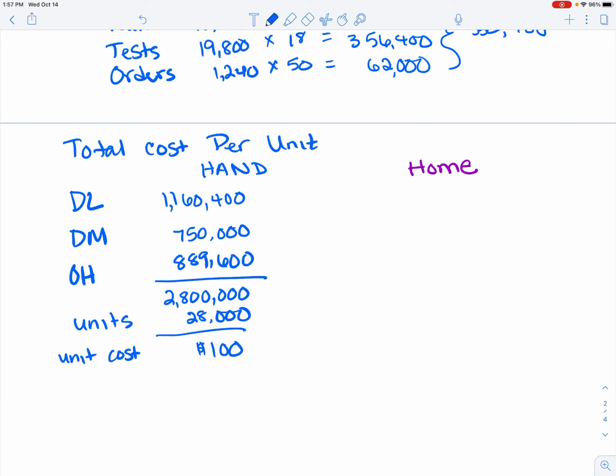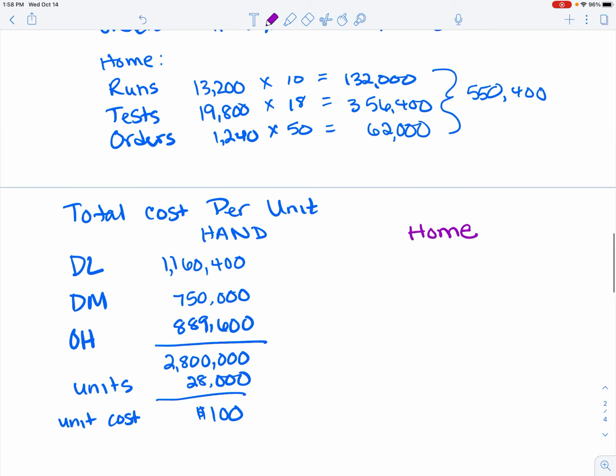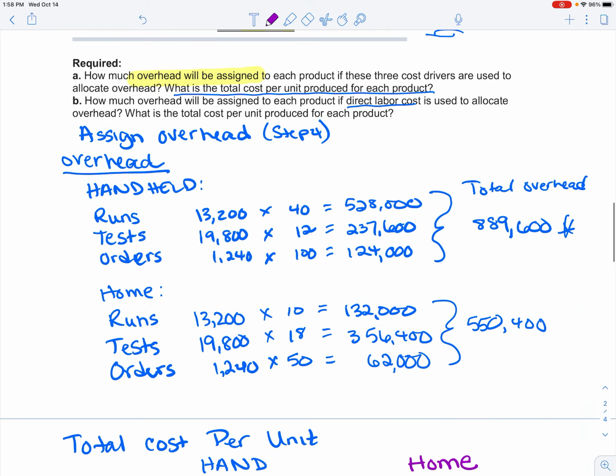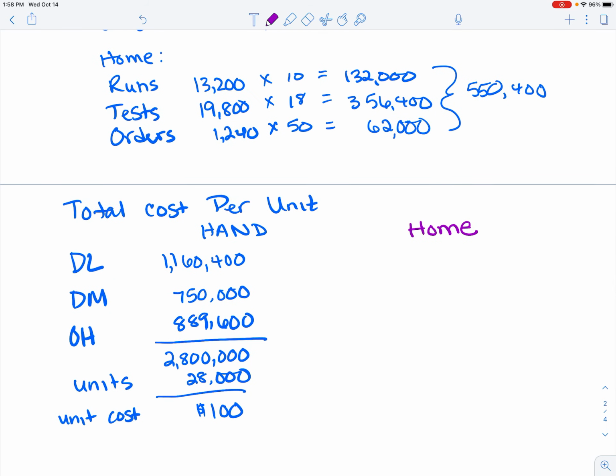Now let's look at the ABC costing. Again, I have to bring in the direct labor, direct materials from right here. Bring those numbers down, which was 439,600, 684, and then I'm going to bring in my overhead I just calculated. If I add all of that together, it's going to give me a total product cost of $1,674,000.